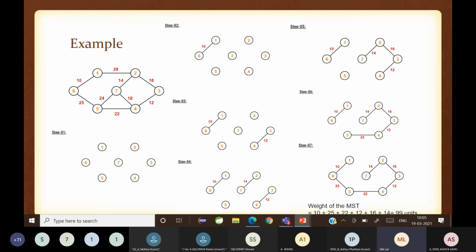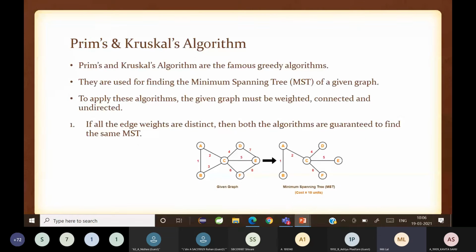And if there are repeating values, meaning 14 appears twice or 16 appears twice, then in that case you will randomly select either of the 16s or either of the 14s, and so on. So in that case the graph will be different but the cost is going to be the same. Clear?